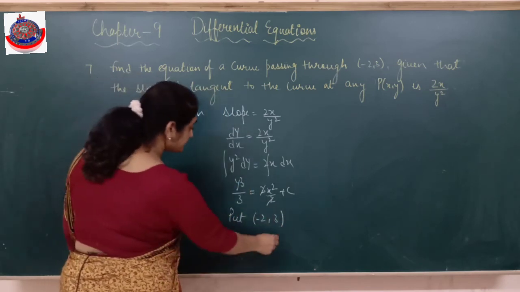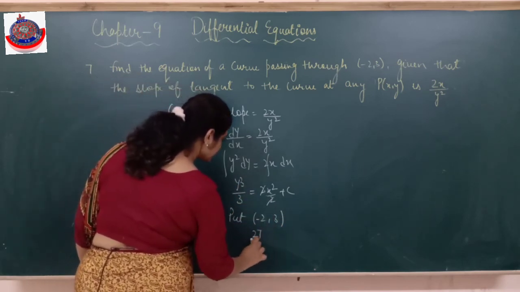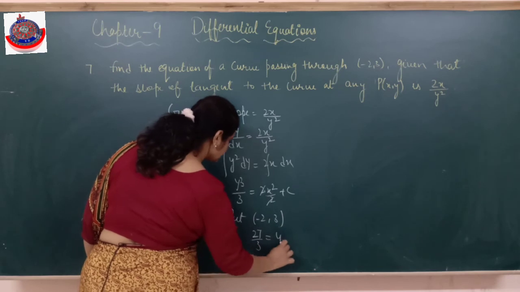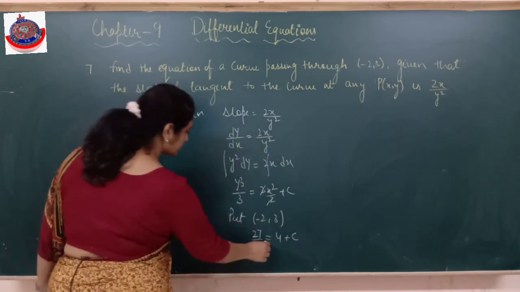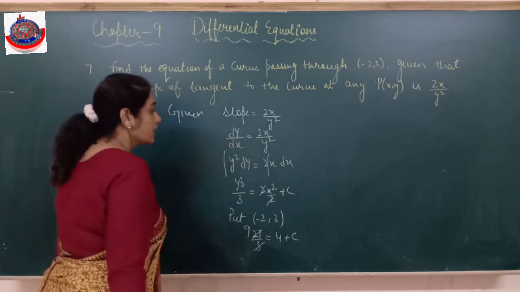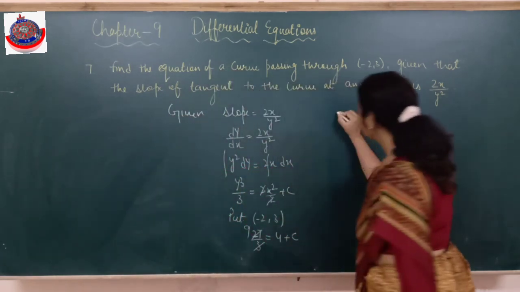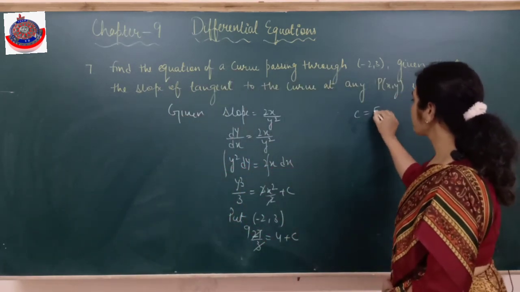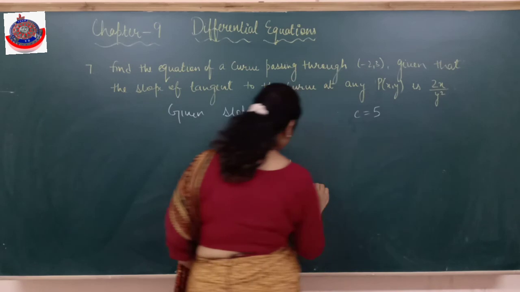So it will become, so we got C is equal to 5. Clear? So we put it here.